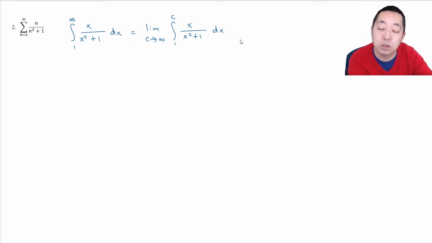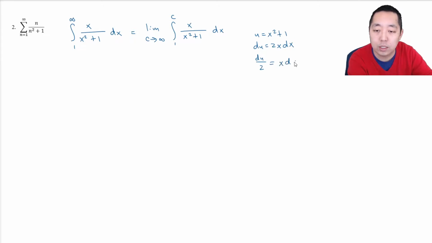To do this integral, I'm going to do a U-substitution. u is going to be x squared plus 1. du is going to be 2x dx. And so du over 2 is going to be x dx. And so then this integral becomes du over 2 all over u.